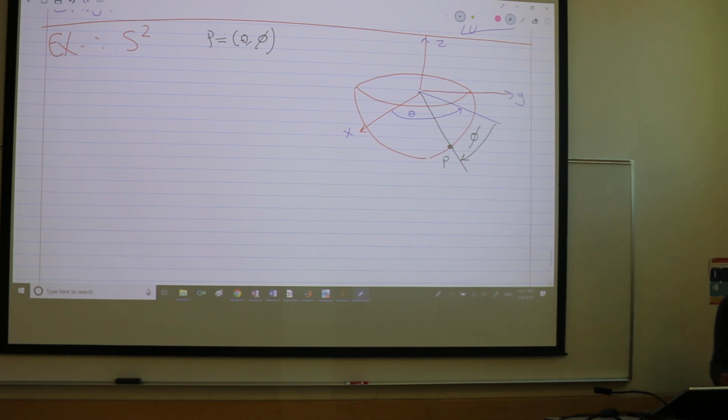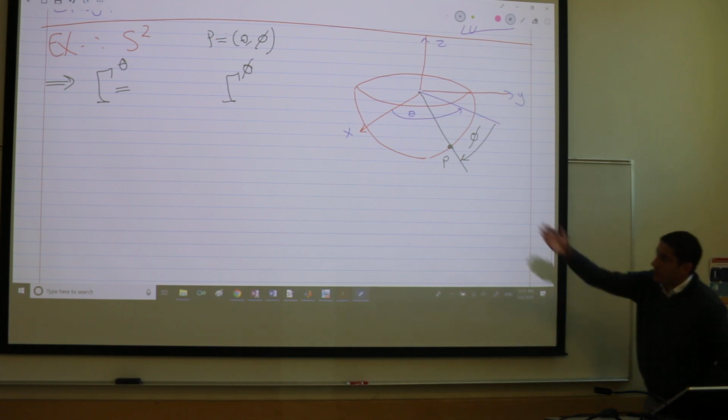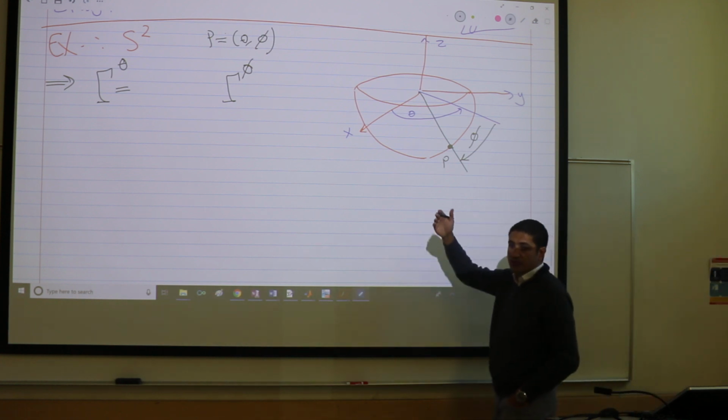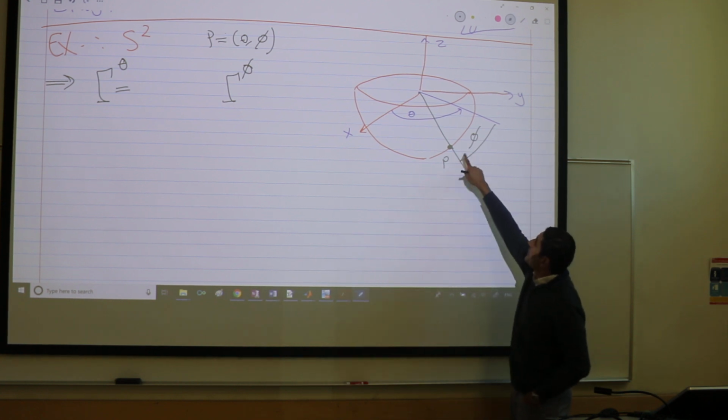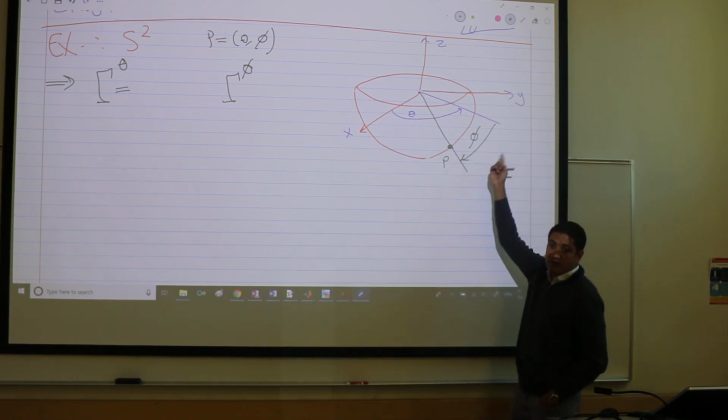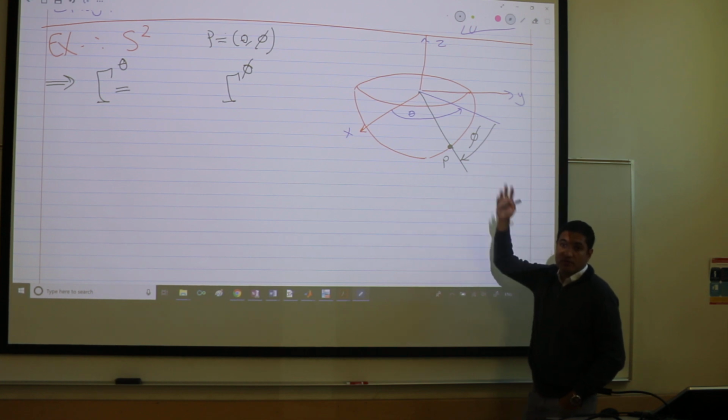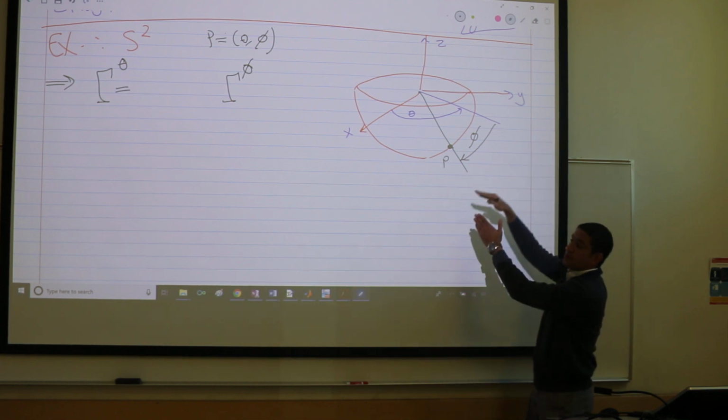This means that I have two Christoffel symbols, two matrices, gamma for theta and gamma for phi, okay? How do you compute these? Well, you go and do it from the rate of change of E theta with respect to E phi, E phi with respect to E theta, and all these combinations in the ambient space, and project on the sphere.